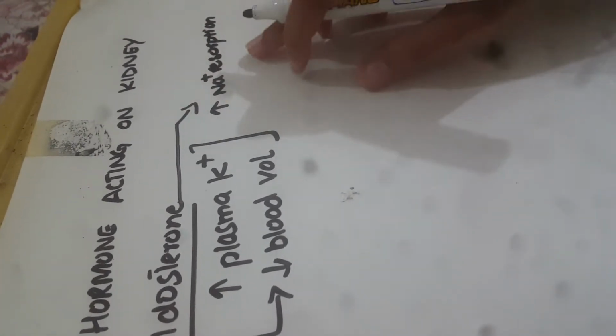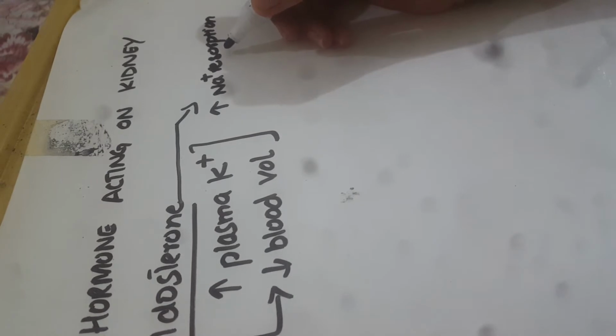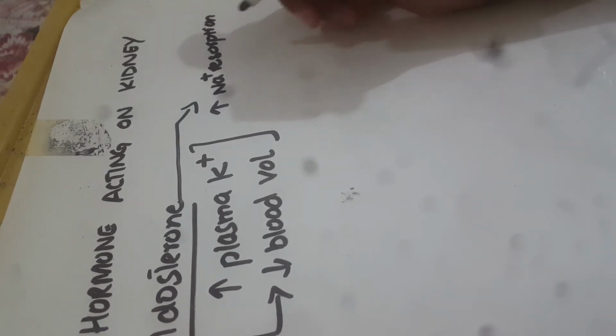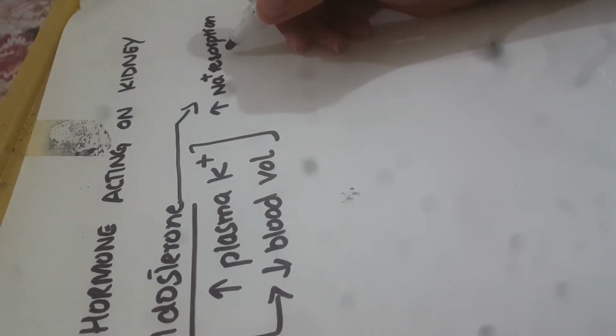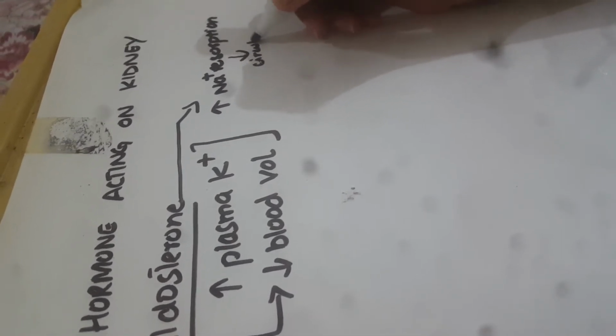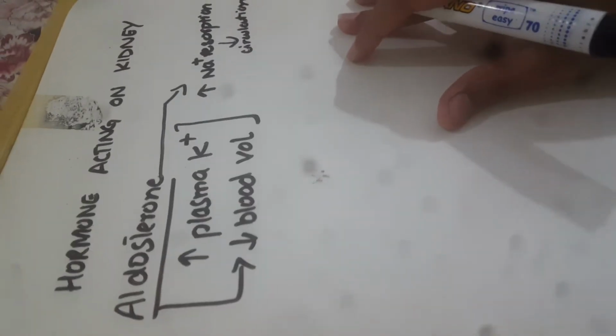What is resorption? It excretes the product from the tubular fluid of the kidney and returns it back to the circulation, from tubular cells back into circulation. That is how aldosterone acts.